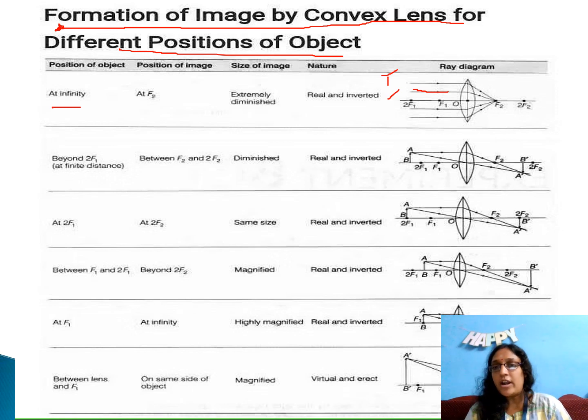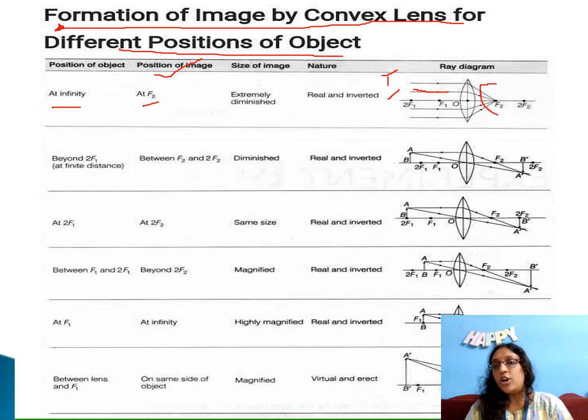But here only one rule is followed. Whenever a ray passes through your lens parallel to your principal axis, after refraction it passes through your focus. This is possible only when the object is at infinity. And the position of the image is found at F2.